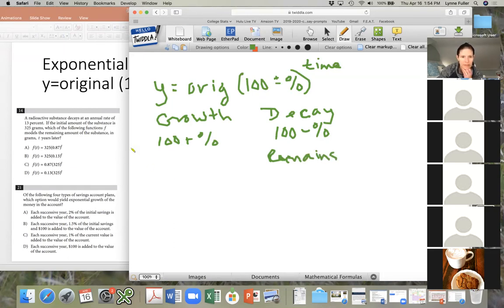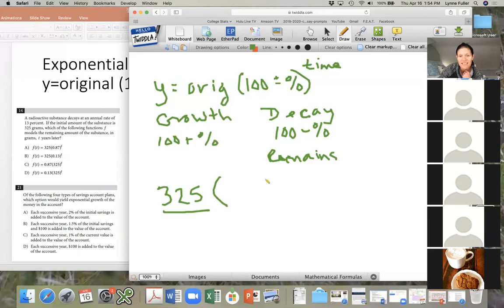So let's take a look here. A radioactive substance decays at an annual rate of 13%. If the initial amount of the substance was 325 grams, which of the following functions models the remaining amount of the substance in grams 2 years later? So your original amount goes here, 325.